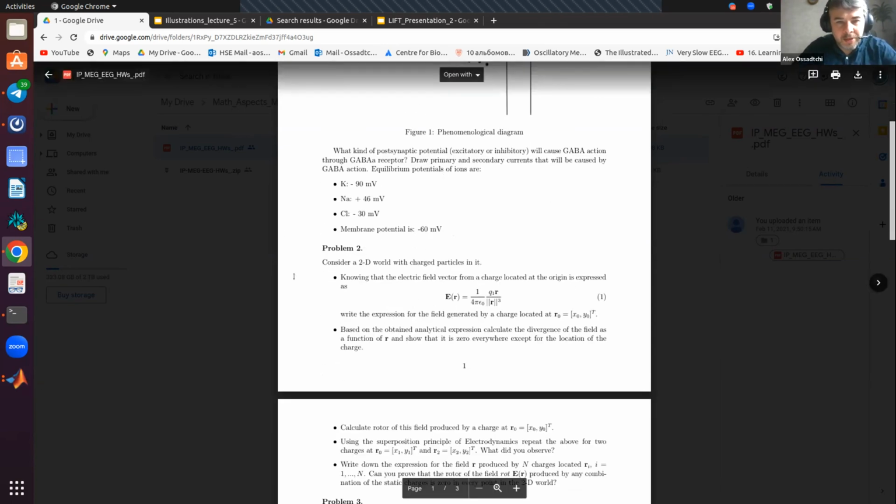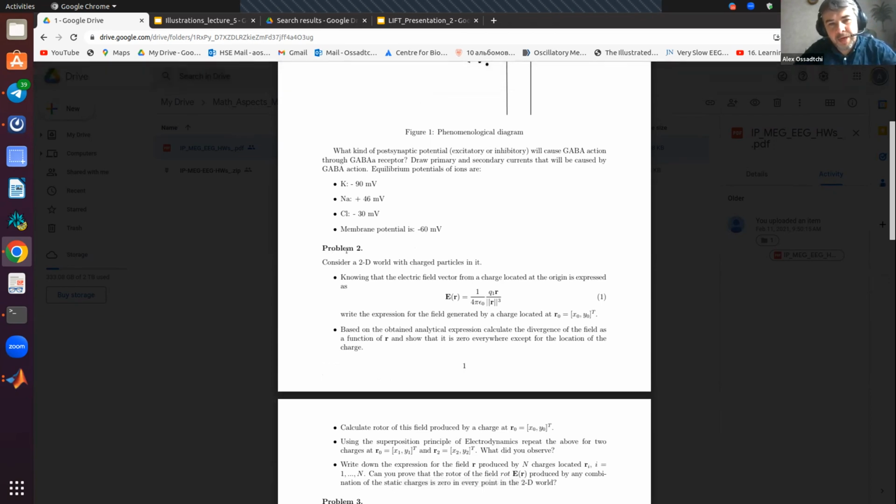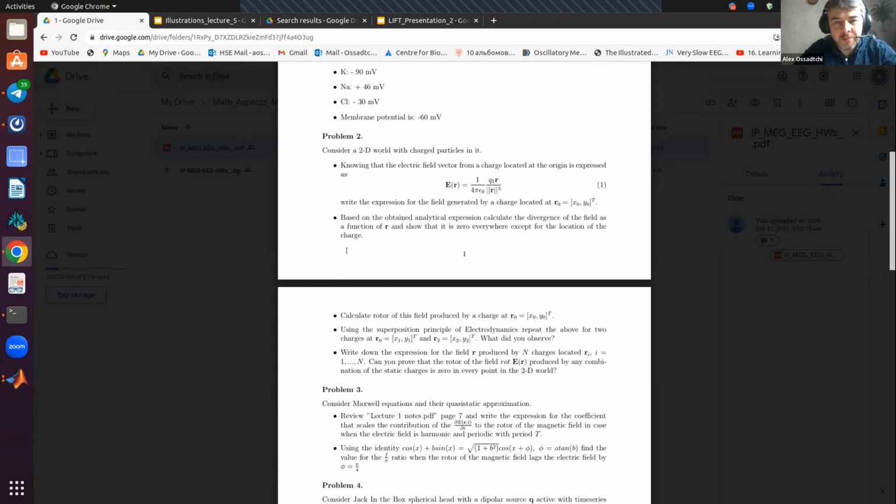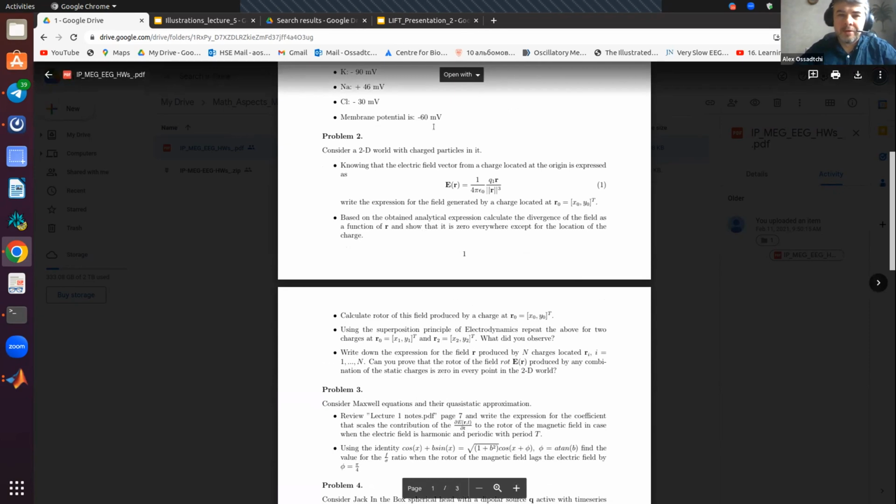All right, the next one is maybe a bit complicated for you, but I do want you to go over it, because you at least remember something of this mathematical physics stuff and vector differential operators, like rotor and divergence, so that you feel a little bit more grounded in some fundamental stuff.